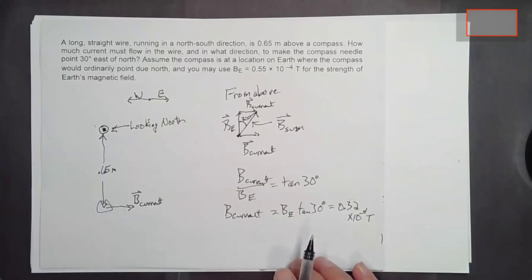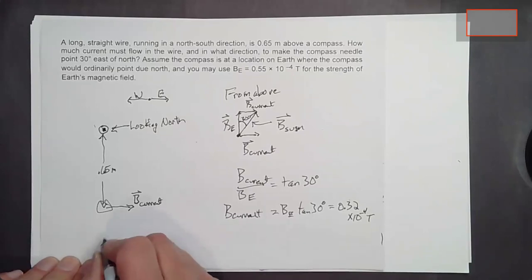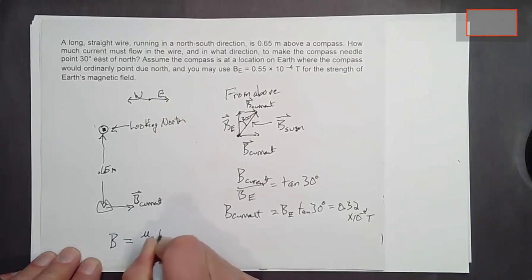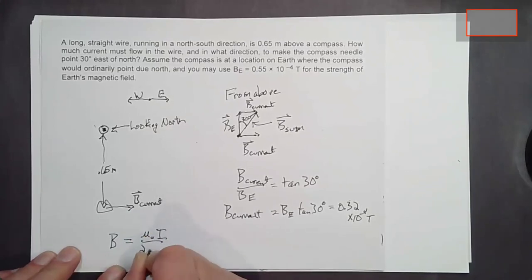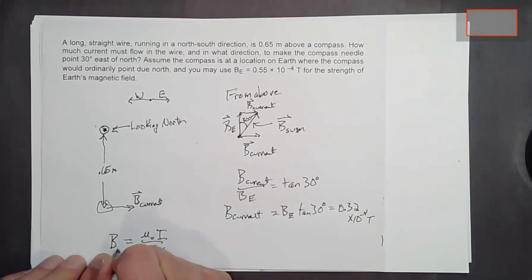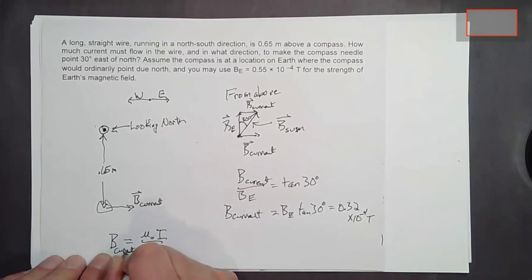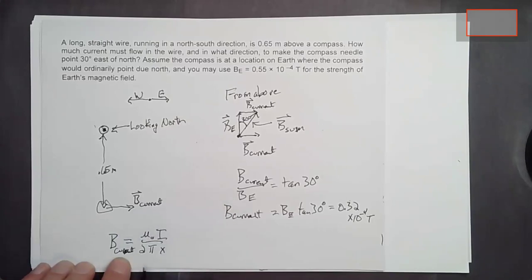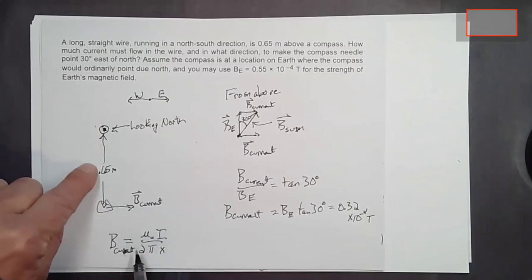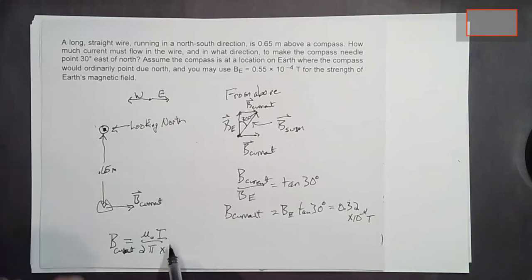But we've got an expression for the magnetic field of a current when you're a distance away from it: the magnetic field will equal mu naught I over 2 times pi times x. We just figured out what the magnetic field of the current is. We know that x, in this case, is just the distance away from the wire, the 0.65 meters, and I need to solve for the current.